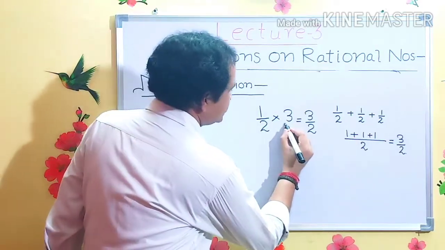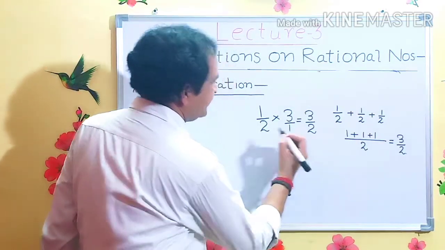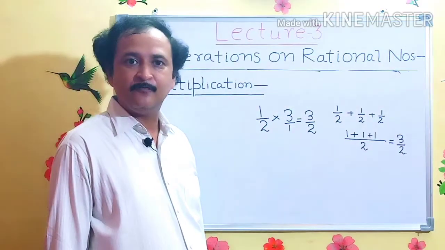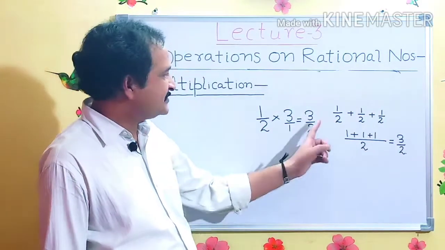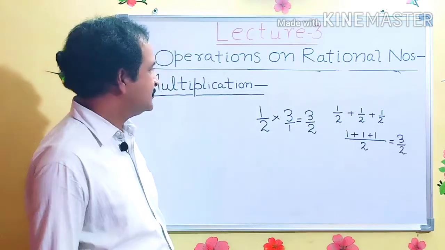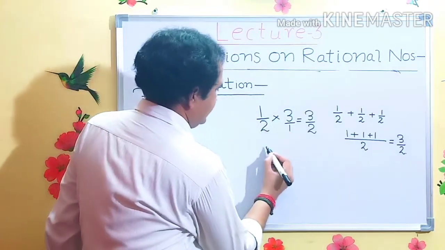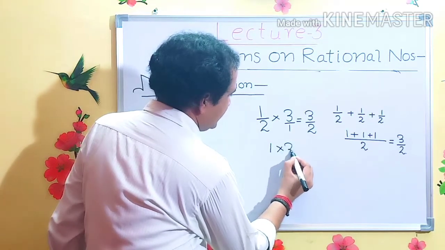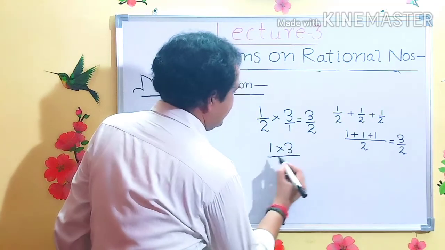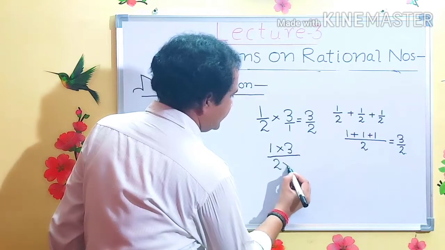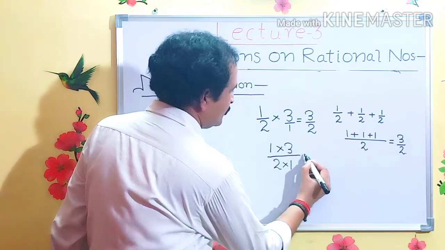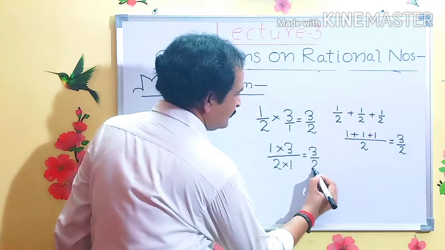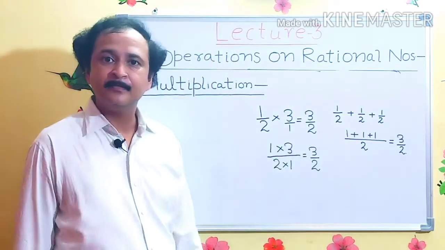What does it show? 3 can be written as 3 upon 1 in the form of rational numbers. What is the result? The result shows that the numerator is multiplied with the numerator and the denominator is multiplied with the denominator in the resultant.